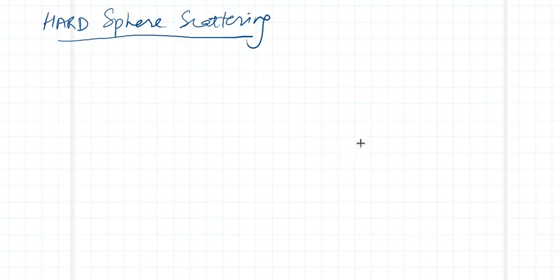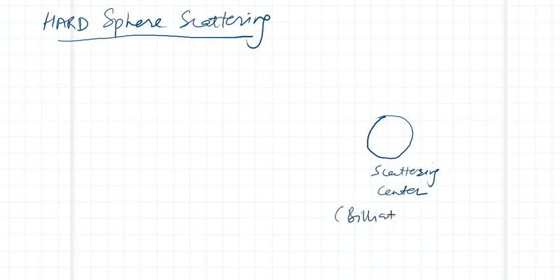Suppose there is a billiard ball, it's a scattering center, and it's like a billiard ball, and say this is the axis of this. Suppose we have to hit it, we are hitting it from somewhere, say I'm trying to hit it from here.